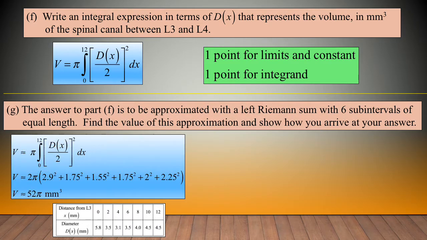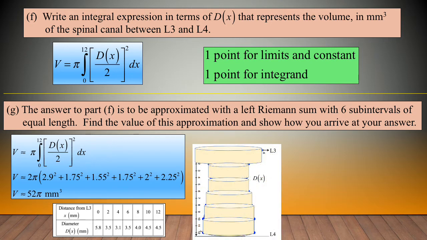The answer to part F is to be approximated with a left Riemann sum with 6 intervals of equal length. Find the value of this approximation and show how you arrive at your answer. Even though the Riemann sum technique uses rectangles, and we are interested in volume, the technique is still the same.